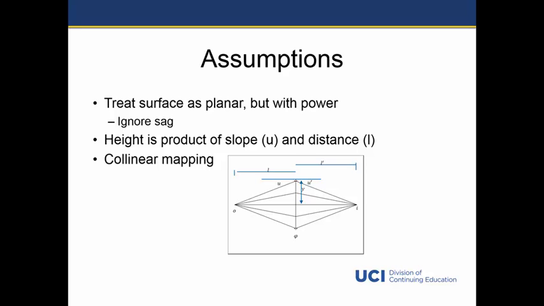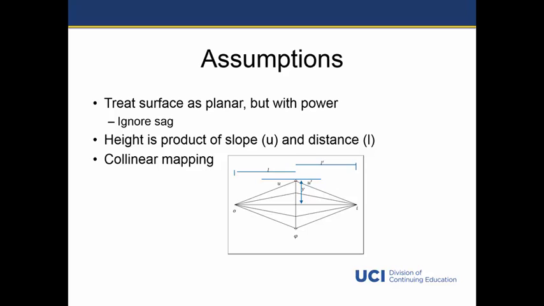When we're doing our paraxial ray tracing equations, what we're going to do is assume our surface is planar, as you can see in this figure here, but you'll also notice that the rays are refracting, bending when they interact with that surface. So effectively we're going to treat planar surfaces as having power. We're just going to, at least for now, ignore the actual sag or shape of that surface.